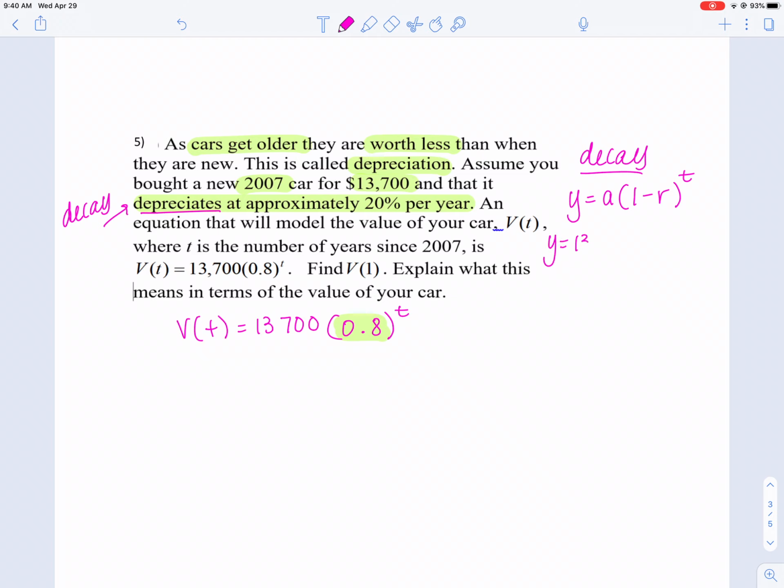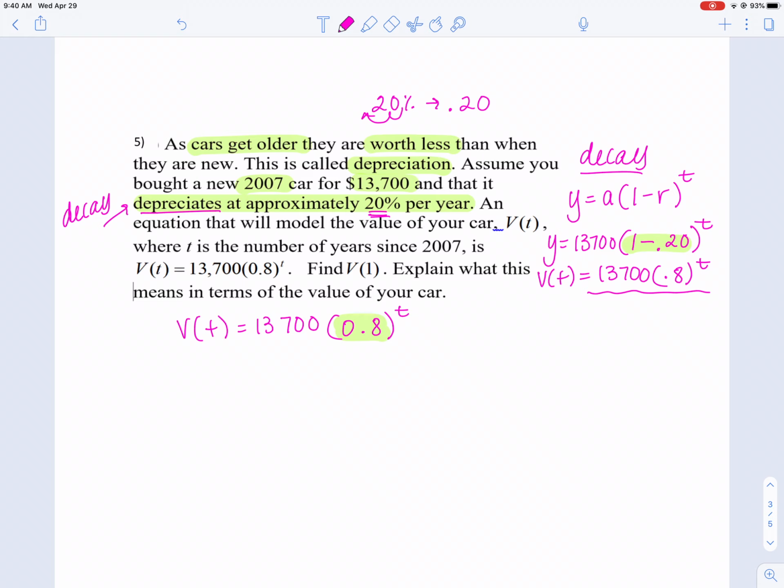If you had $13,700 and this formula tells you to depreciate by 20%, remember 20% is 0.20 because you're moving 2 places to the left, 0.20 to the t. So technically, I'll make it V of t. Can you simplify 1 minus 0.2? Yeah, it's 0.8.